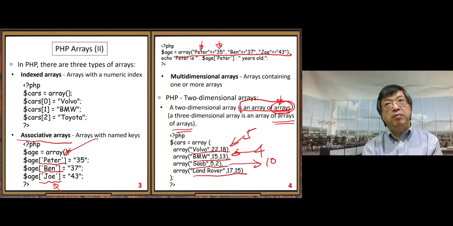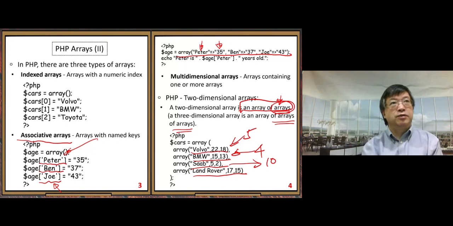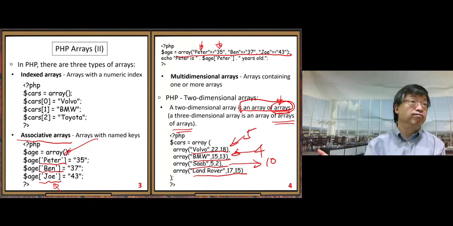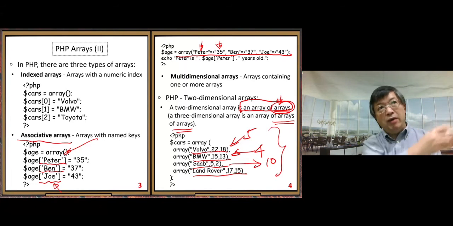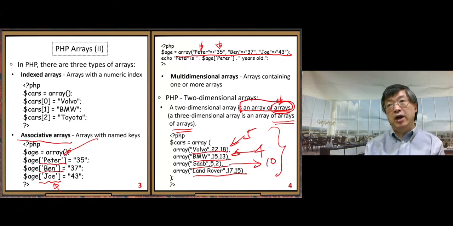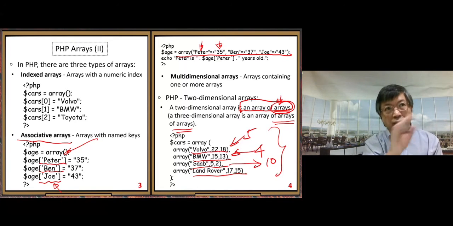Because in Python, each internal array must have the same number of elements, otherwise you will get an error. In PHP you can use a different number of elements, the same as the Java way. In Java, we do not require the same number of elements in each internal array. So for different programming languages, the rules are quite different.